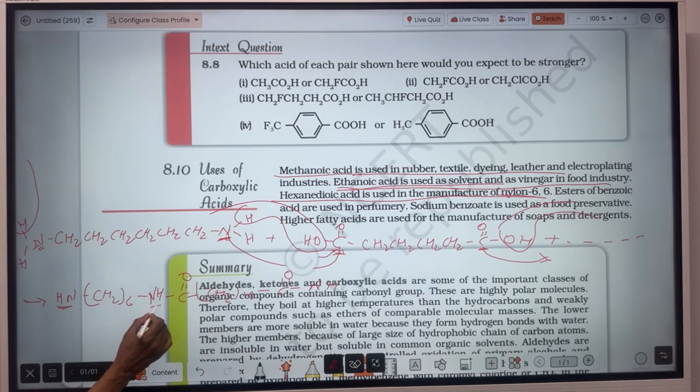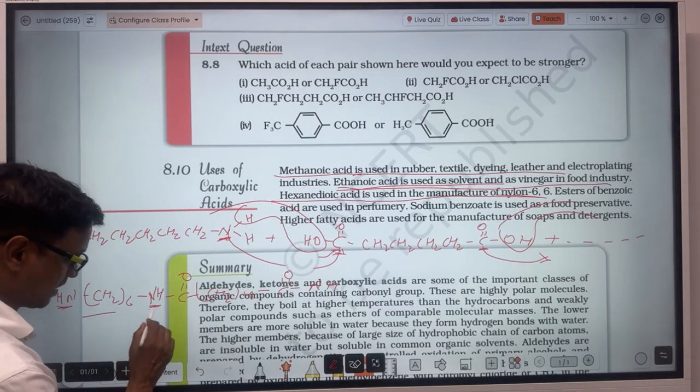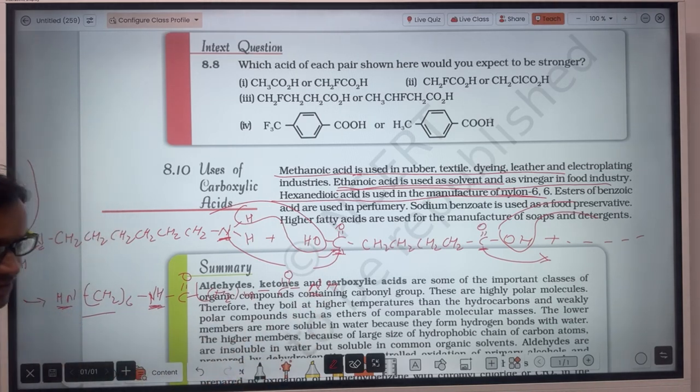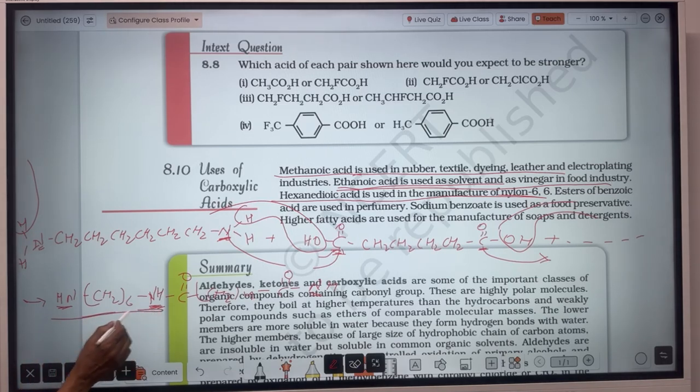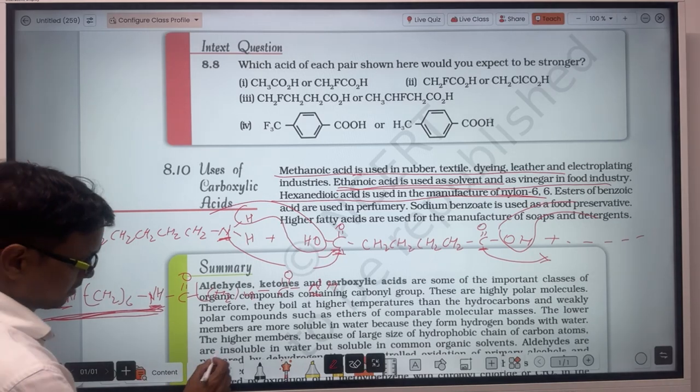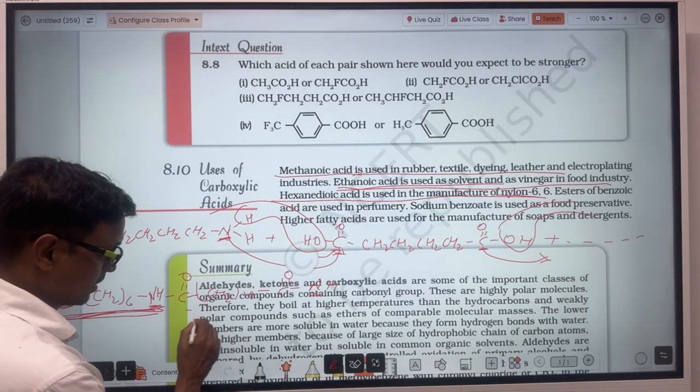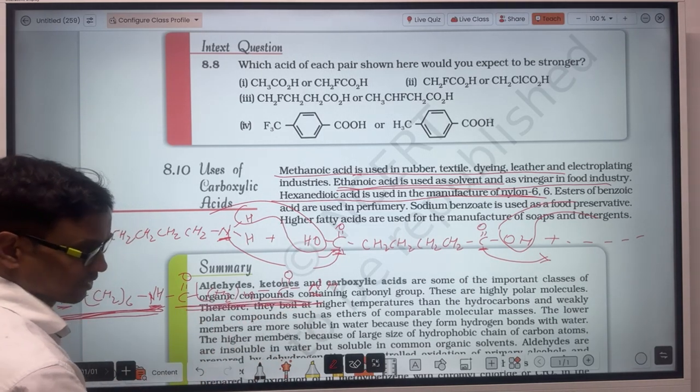Between this nitrogen and this nitrogen, there is 6 carbon atoms. In the same way, between this nitrogen and this nitrogen, the number of carbons is 6. But between these two nitrogens, there is no acyl carbon, while between these two nitrogens, there is acyl carbon also.